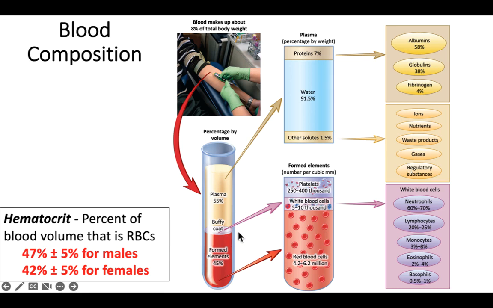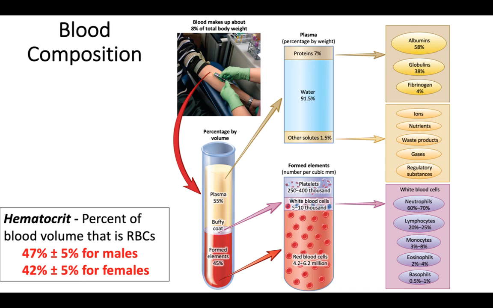When we take the formed elements, we separate those out into platelets. And notice there's about 250 to 400,000 platelets per cubic millimeter. Basically, a cubic millimeter is also a microliter. So that's how many platelets are in just a tiny little microliter.